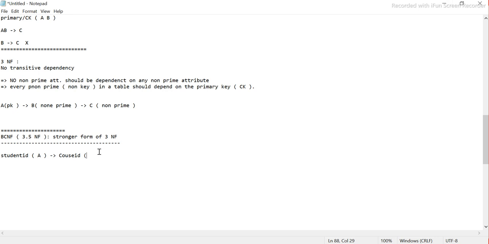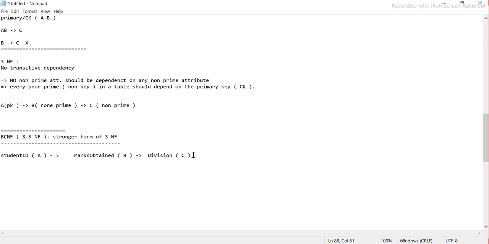All right. So this is dependent, and this is also dependent. This I call A, this I call B, and this is C. In this case, B is dependent on A and C is dependent on B, but ideally this is not allowed.